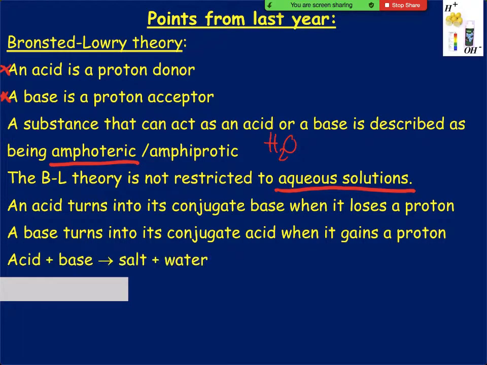So we would have done a number of these reactions. My silly sentence is "all boys sing well": an acid and a base gives you a salt and water. Can you remember what we said neutralization actually is? There is a formula that shows neutralization on the basis of acid plus base.